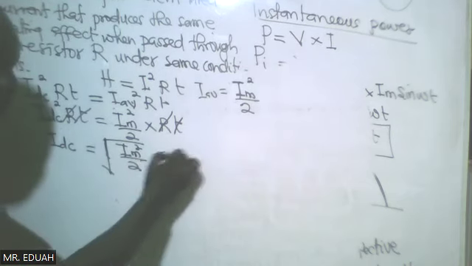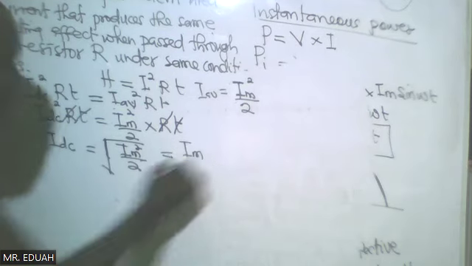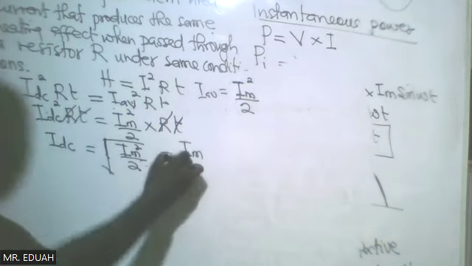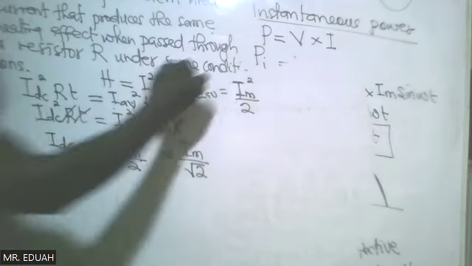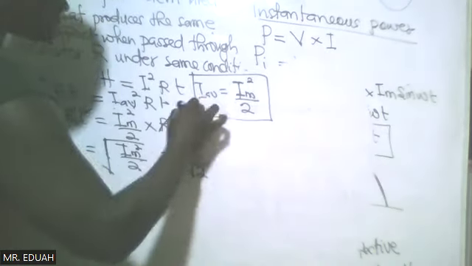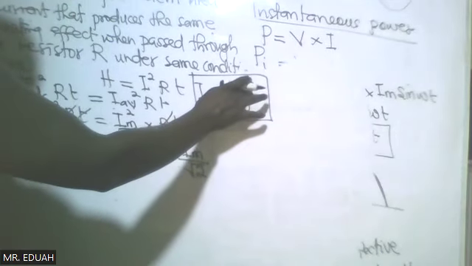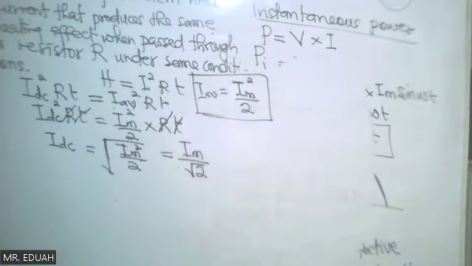Then we can have I peak, the square would vanish, over root of 2. So this formula is this: the average value is equal to I_M squared over 2. The power 2 doesn't affect all of them.